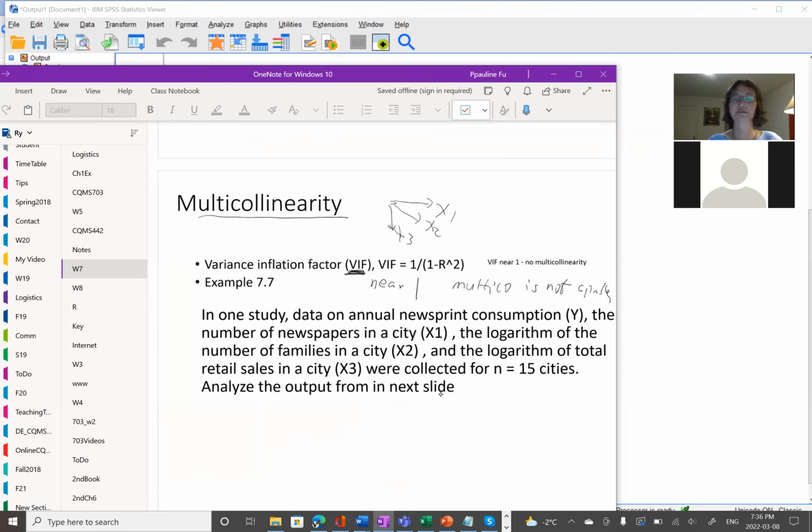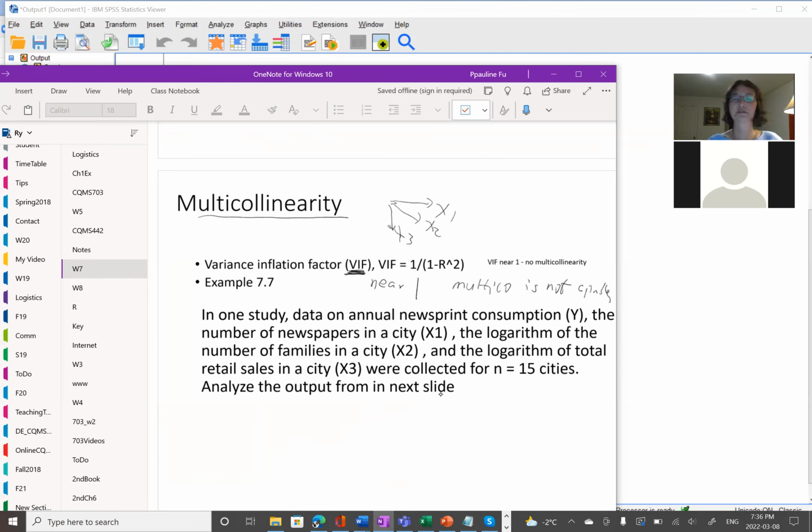The logarithm of total retail sales in the city is X3. So we have 1 Y and 3 X. Those data are collected for 15 cities. The question gives you the output from the technology and asks you to analyze this output.